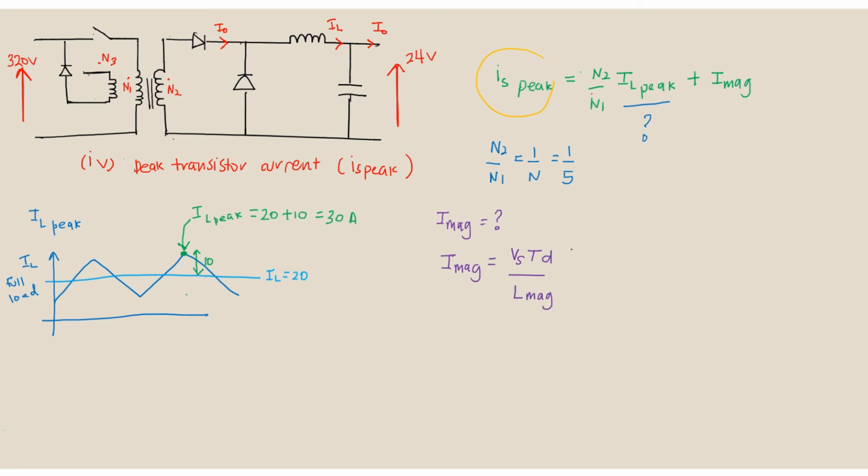Again, T is 1 over F. You know your Vs as 320, your frequency as 20K, and you're still using the same duty cycle.